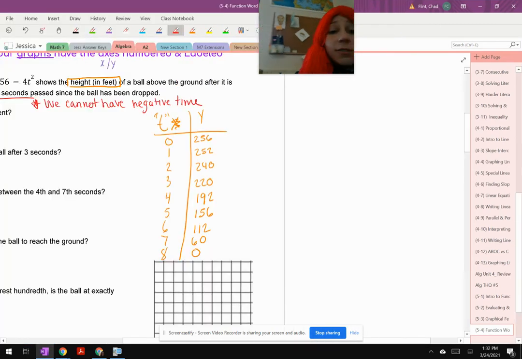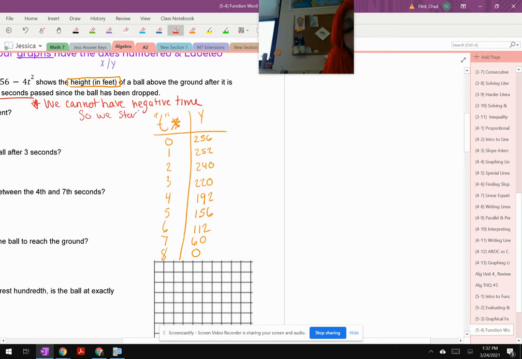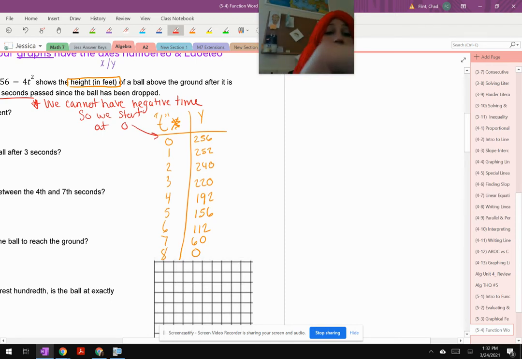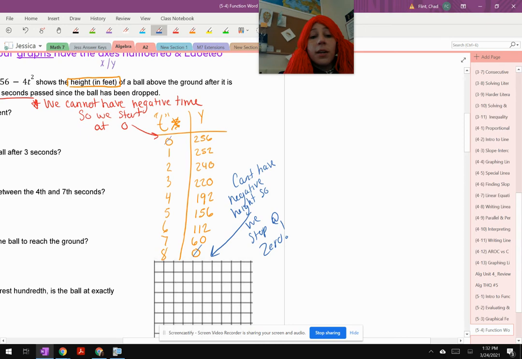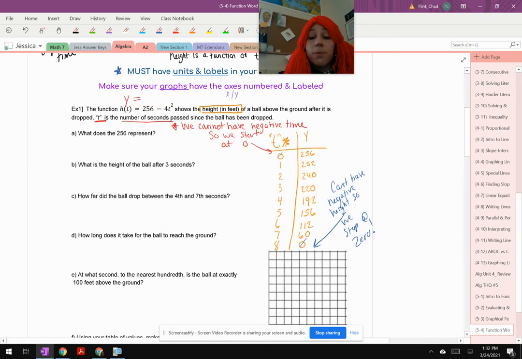We can't have negative time, so we start at 0. And down here, just like we've talked about before, can't have a negative height, so we stop at 0. That's why I stopped and started at those values.